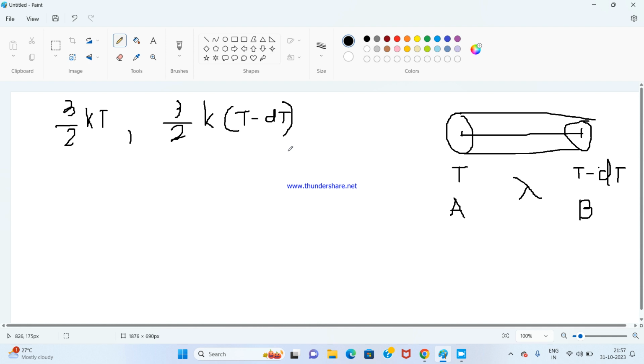Now the difference of energy in unit volume, if we find it, because that energy difference will cause the movement of the electron. So you have to subtract this quantity from this quantity.